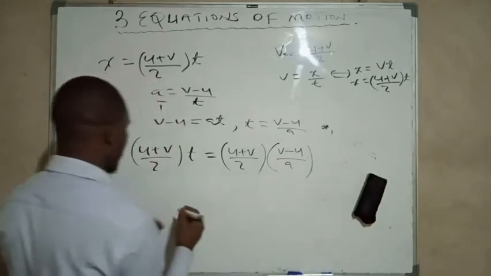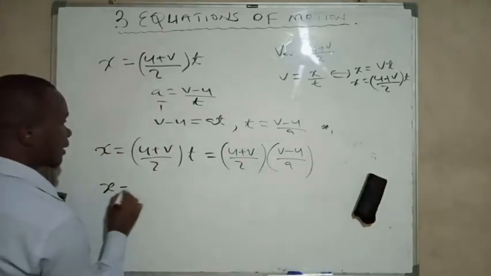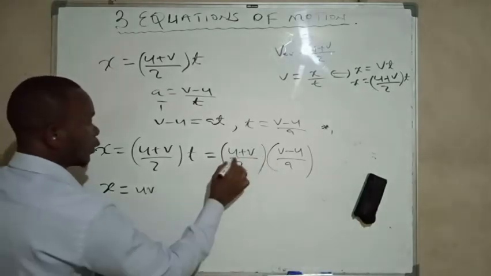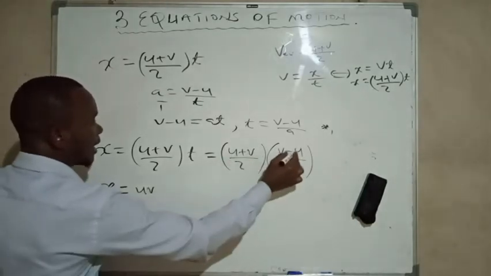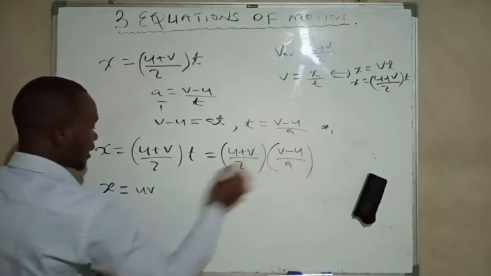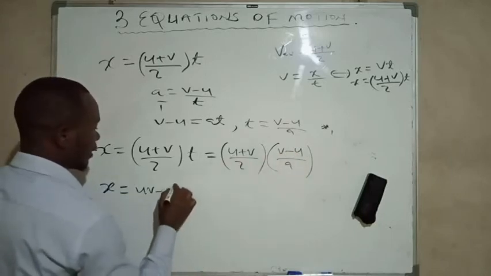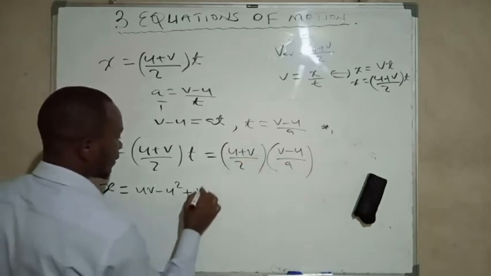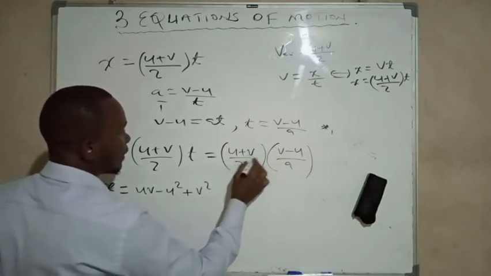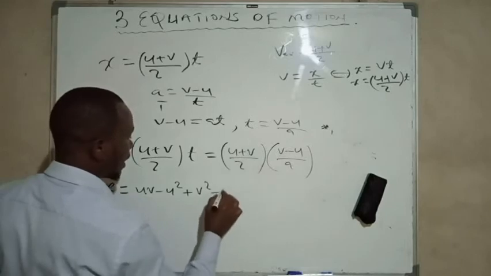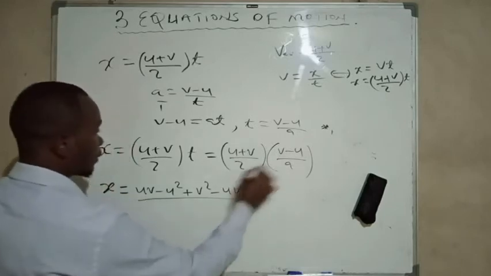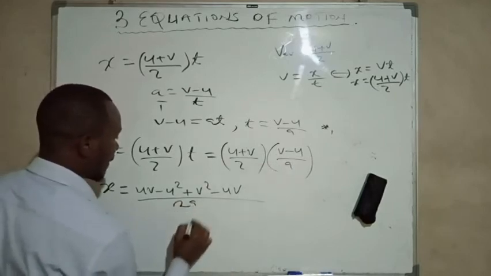If you simplify this, what we're going to have is x is equal to u times v, u times negative u, we have negative u squared, then v times v plus v squared, then v times negative u, negative uv, over 2 times a, we have 2a.